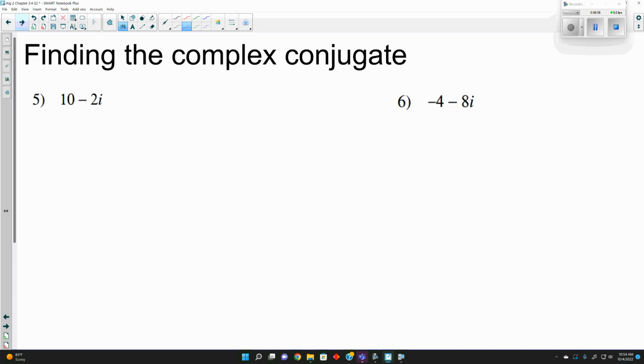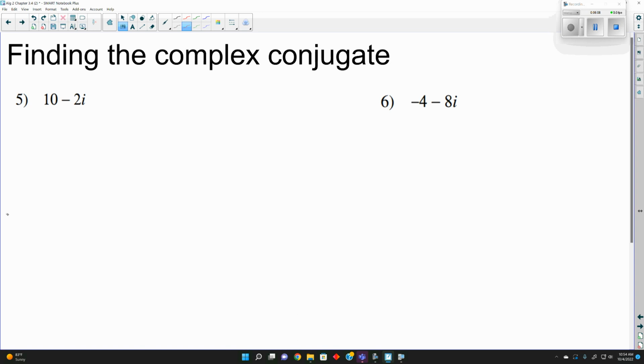The complex conjugate of 10 minus 2i is 10 plus 2i. And how about negative 4 minus 8i? Questions on these here?